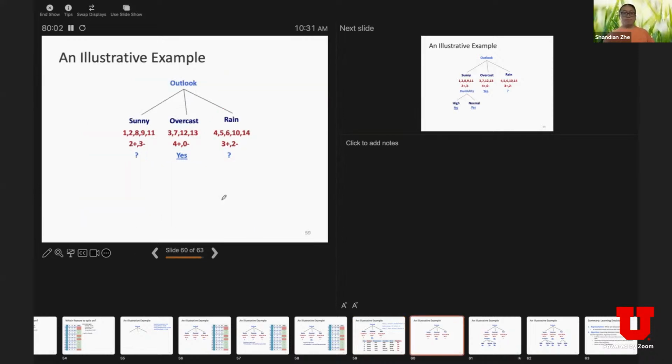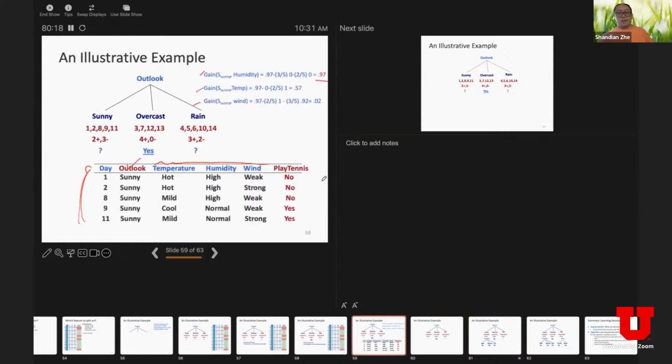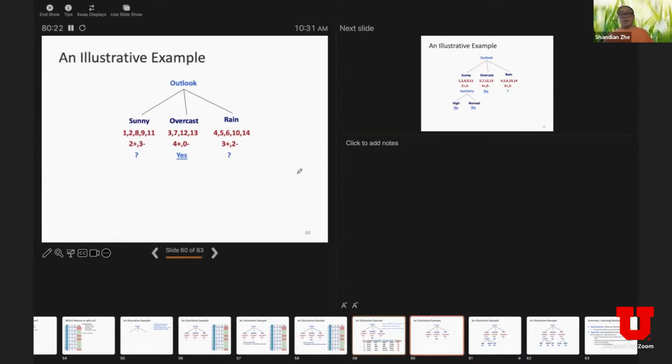We still need to create a branch, create a leaf node, and use the majority label in this subset as the label for the leaf node. The majority label here in this subset is no, which is why we assign the label no to our leaf node. Does it make sense?